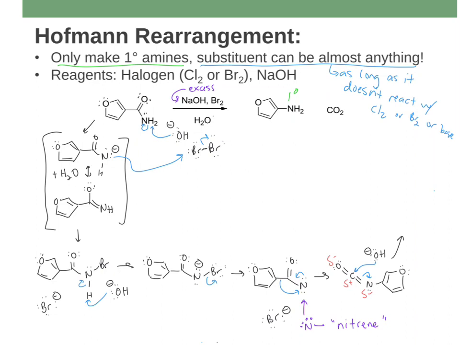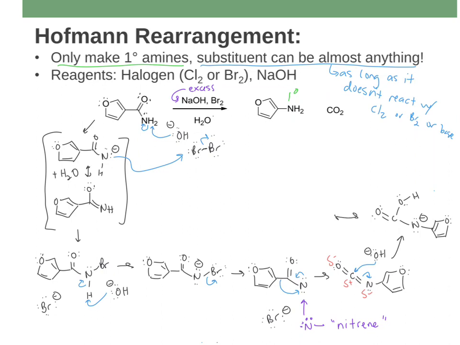So let's see, we have O double bonded to a carbon with an OH, which should look a lot like a carboxylic acid, and a nitrogen with 2 electrons that's now negative, and it's attached to the furan. And this, again, is resonance stabilized.